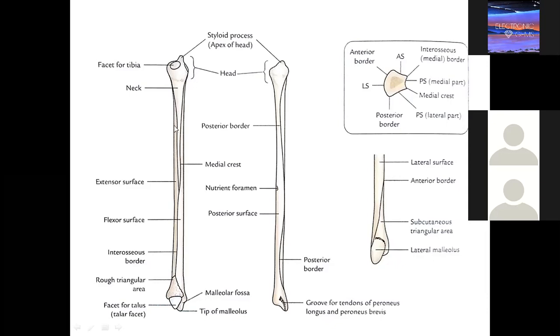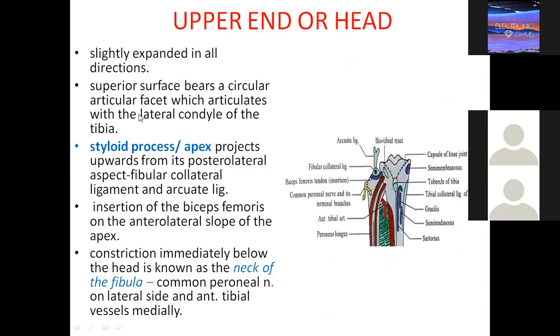Okay, and this shaft will be very thin, slender. Okay, very thin and slender. And see here the upper end or head, this one is the upper end, it is slightly expanded in all directions. Okay, so the superior surface is bearing this articular facet, which is actually articulating this with this.